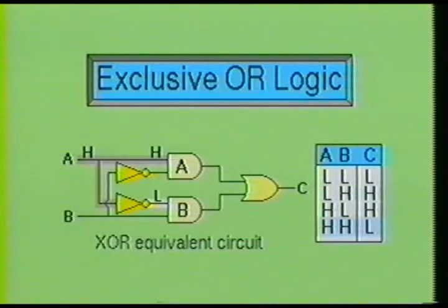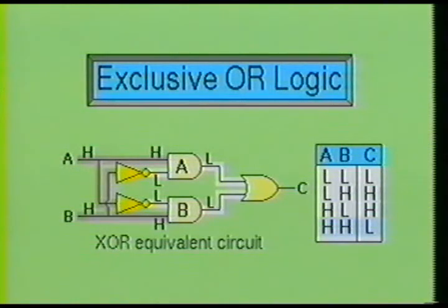When input A is made high, it feeds a high signal into gate A and a low signal into gate B. And when input B is made high, it feeds the second half of gate B with a high signal and the second half of gate A with a low signal. Since gate A has a high input signal and a low input signal, it produces a low at the output.